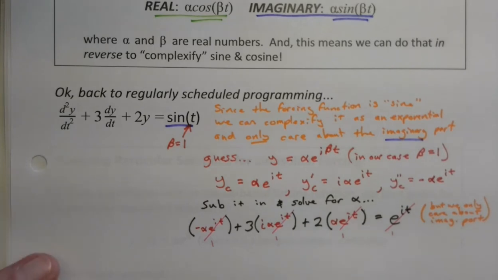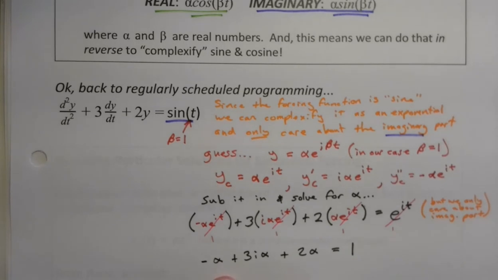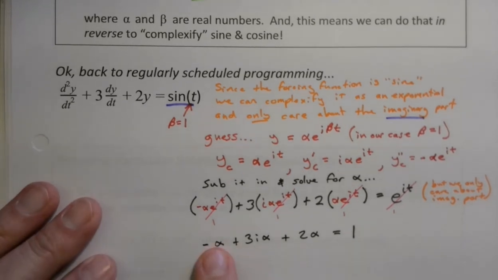And that means we really have an equation that looks like this: negative alpha plus 3i alpha plus 2 alpha equals 1. And you might be thinking, okay, great, well, we've got an I there. But we can still condense and factor out. And so if I combine the 2 alpha minus alpha, it just gives me 1 alpha.